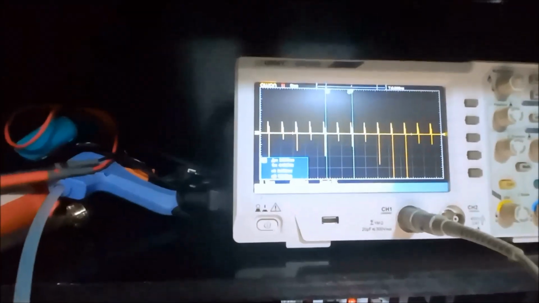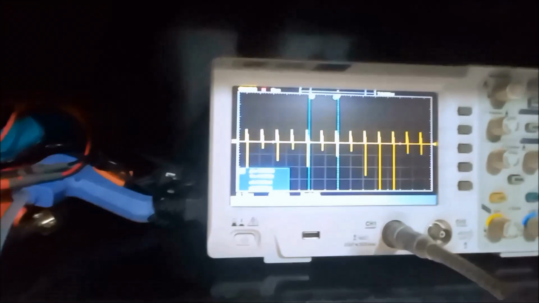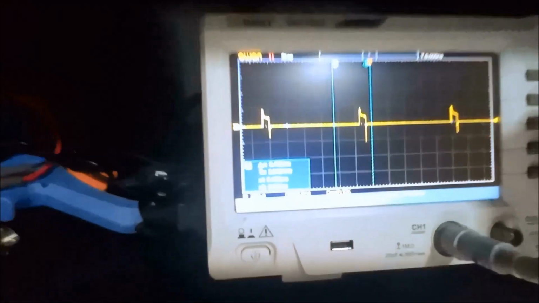So this is now the waveform generated by the circuit. We have this oscillation, a waveform. Looks like we have an overshoot of negative voltage.